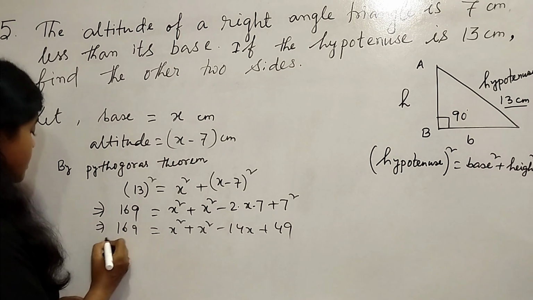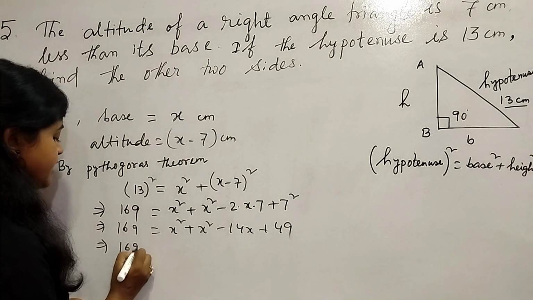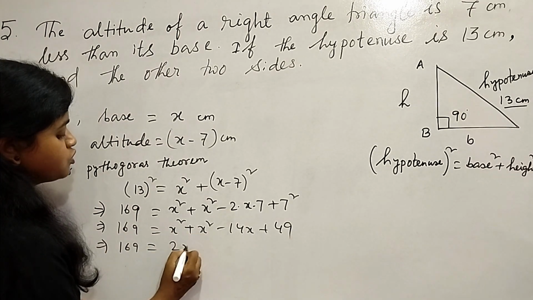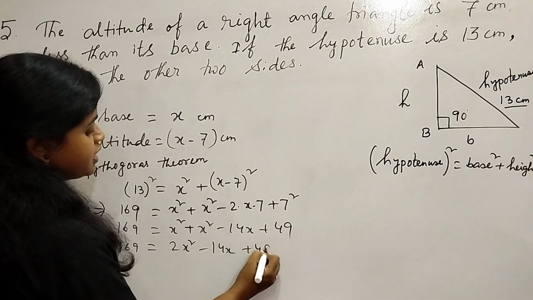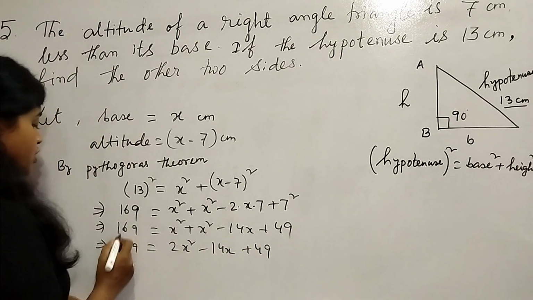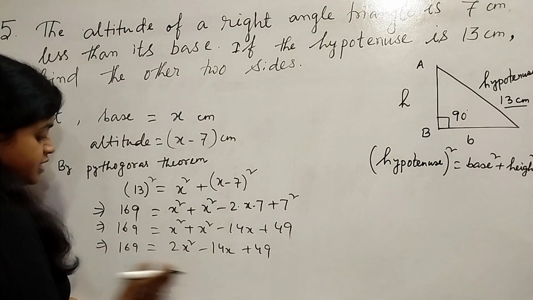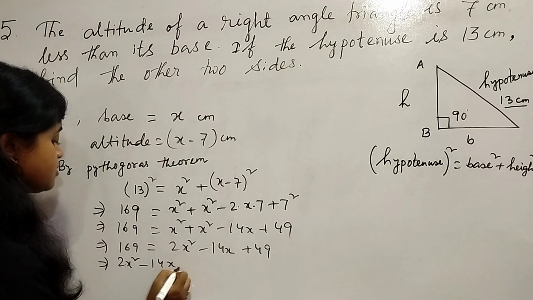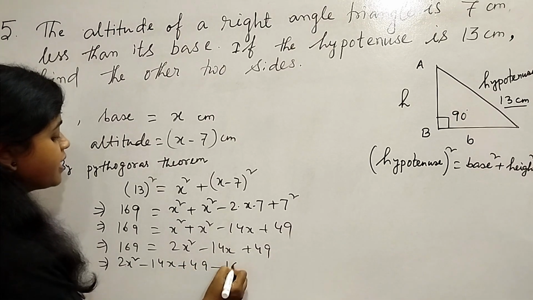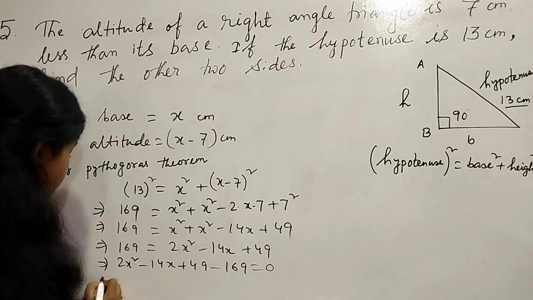So 169 equals 2x square minus 14x plus 49. Now we take 169 to this side: 2x square minus 14x plus 49 minus 169 equals 0.